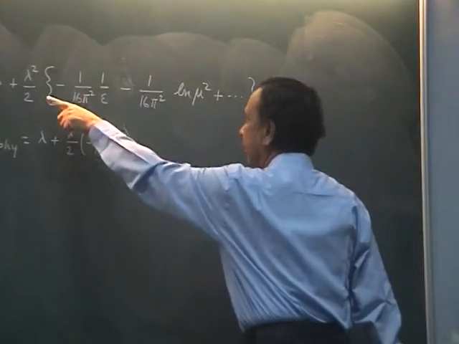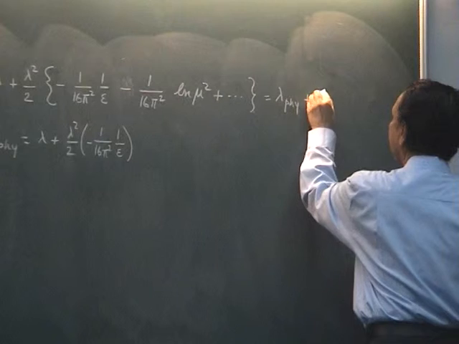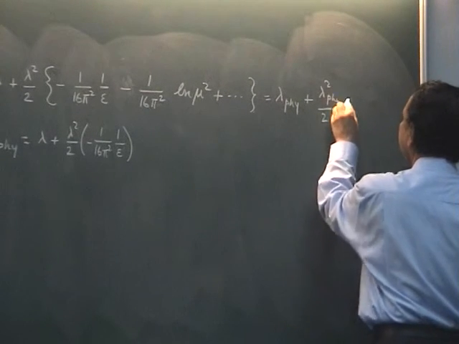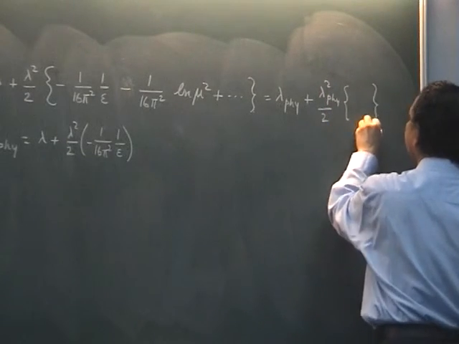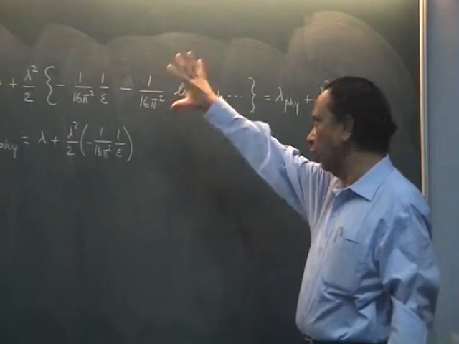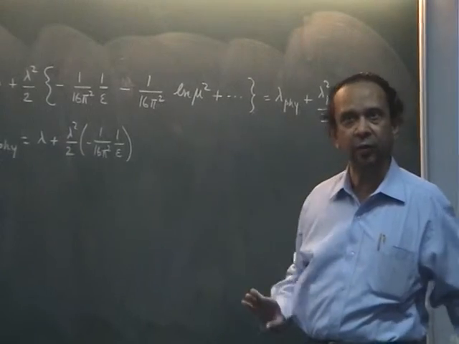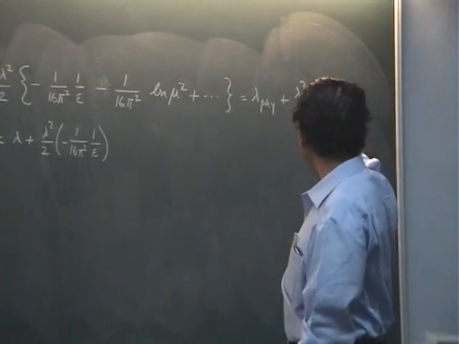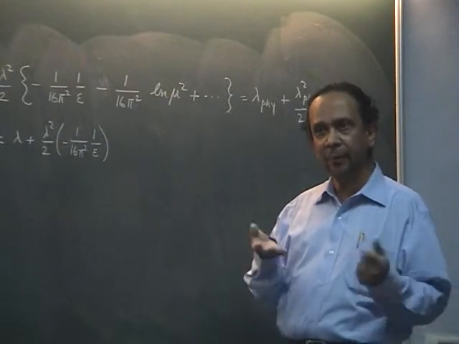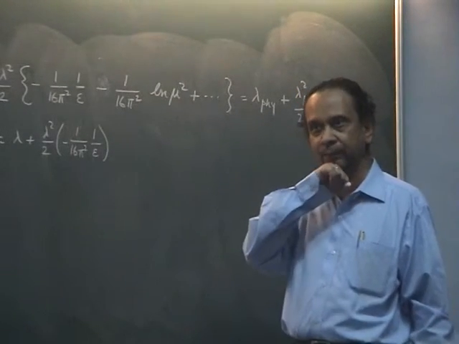Then you have got a lambda square by 2 times some quantity, but that lambda square by 2 I can now replace by lambda physical square by 2 times whatever is the finite quantity which we have evaluated. So as I said, you don't have to really worry about this. The whole thing is equal to that integral over d alpha of log mu square upon this quantity. Okay, so that is what I have put as this bracketed expression. So we have got the relevant amplitude entirely in terms of lambda physical, which is defined by this.